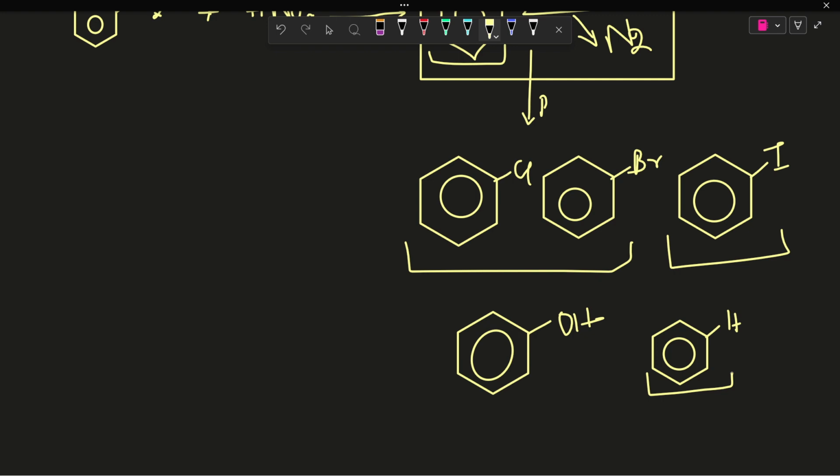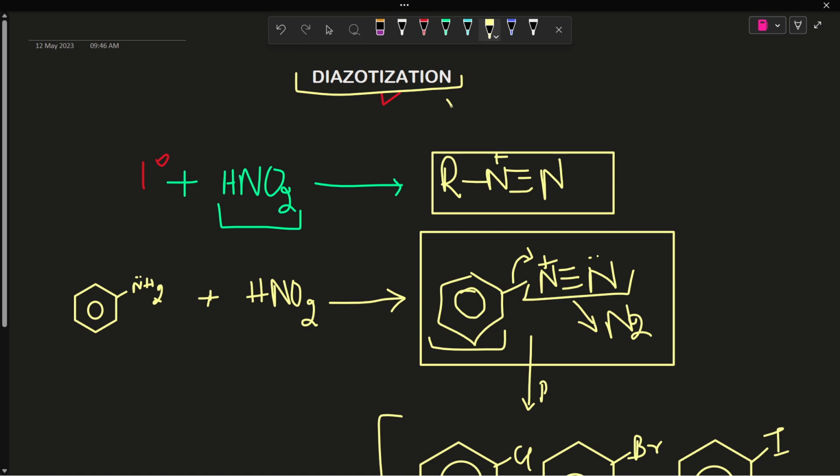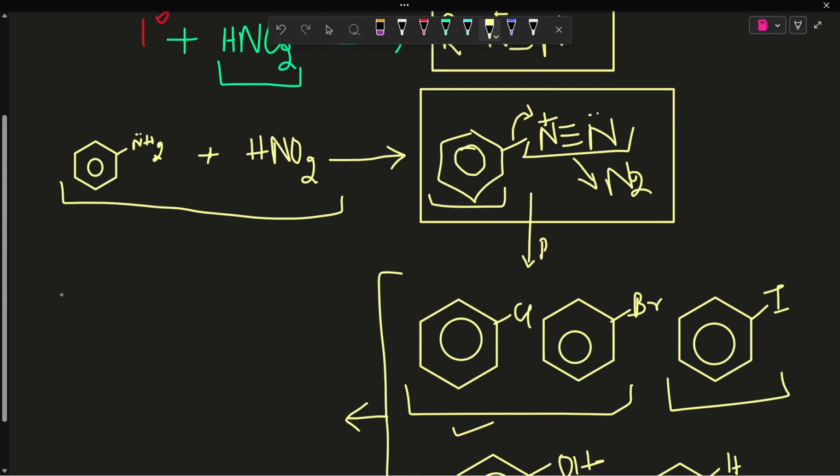So these are all synthetic reactions, right? These synthetic reactions can be used to synthesize compounds. That's why we study this diazotization in aryl amines. Usually we can do the same thing with, for example, RNH2 plus HNO2.